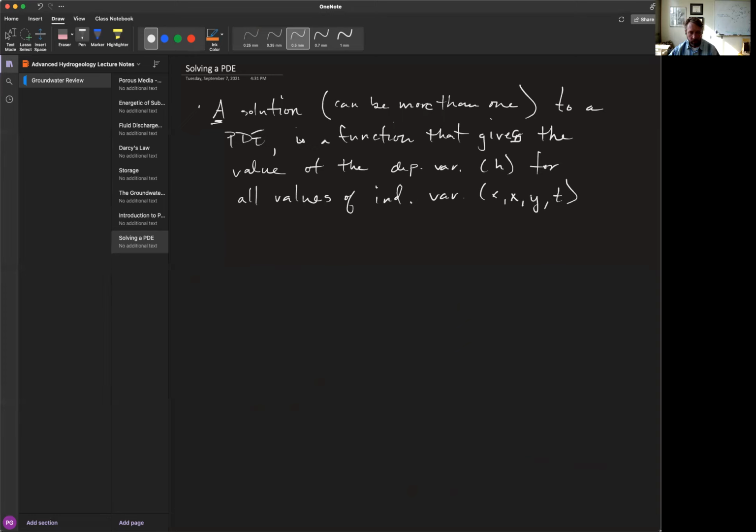So this function would give us H for any X, Y, Z, or T. I see I've written X twice here.